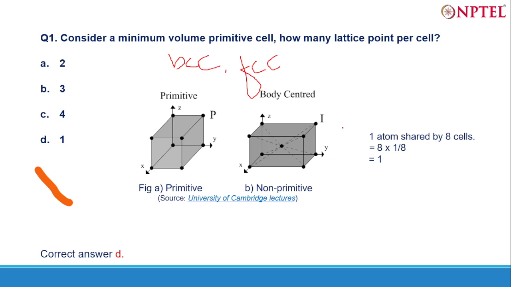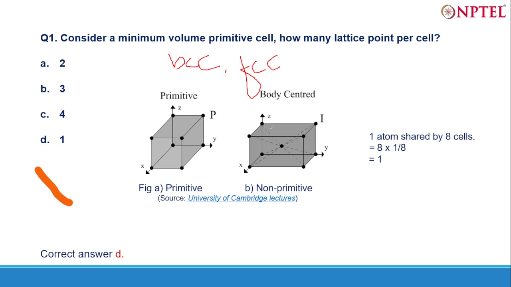Okay, coming back from the break. The question I asked was, if we replace it with BCC, body centered cubic, or face centered cubic, how many lattice points per cell? So now let's check.